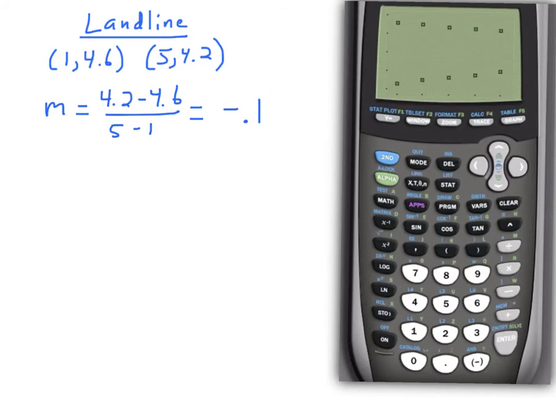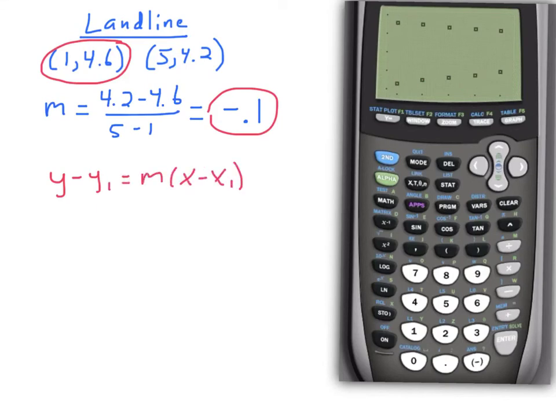And then I'll use one of these two original points. I'll pick the first one along with my slope, and then I'll use point slope form. y minus y1 equals m times x minus x1. And if we substitute the information in, we get y minus 4.6 equals negative 0.1 times x minus 1.